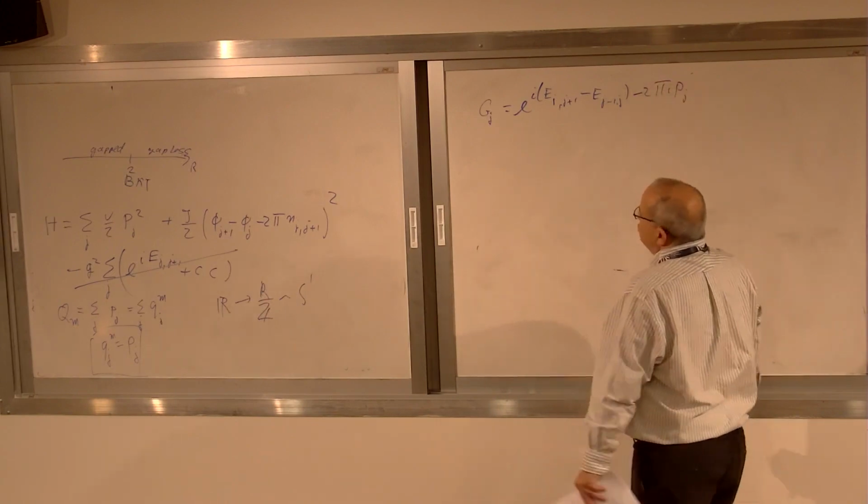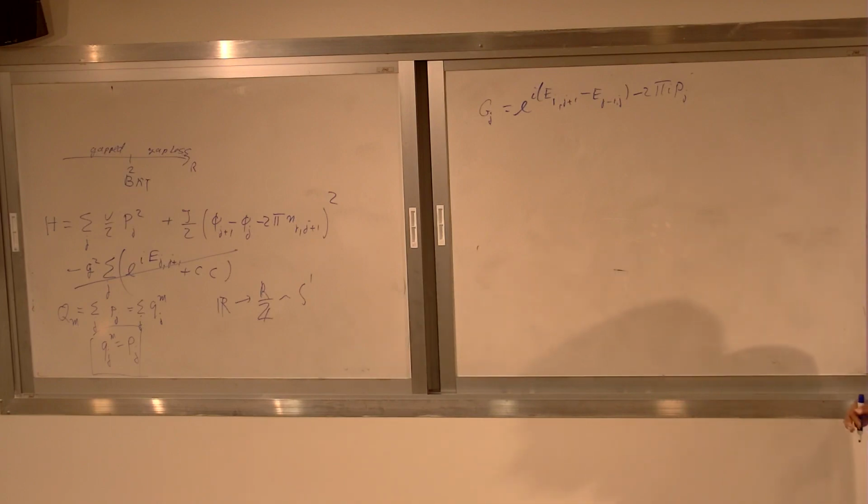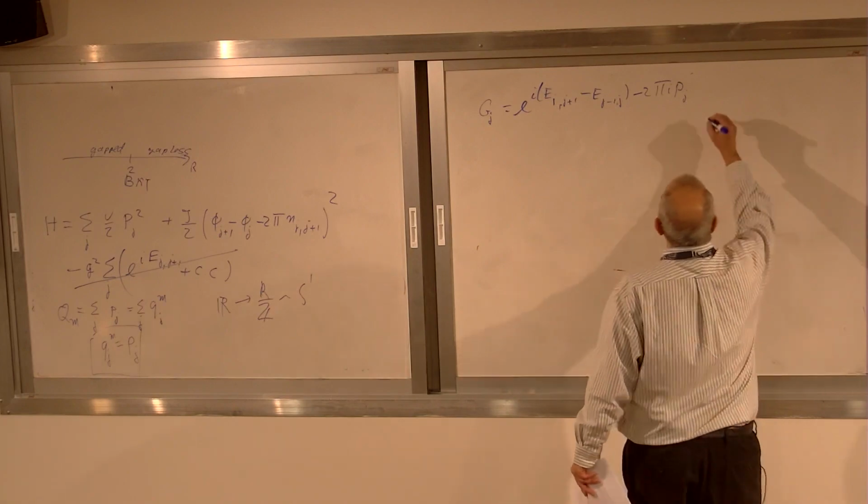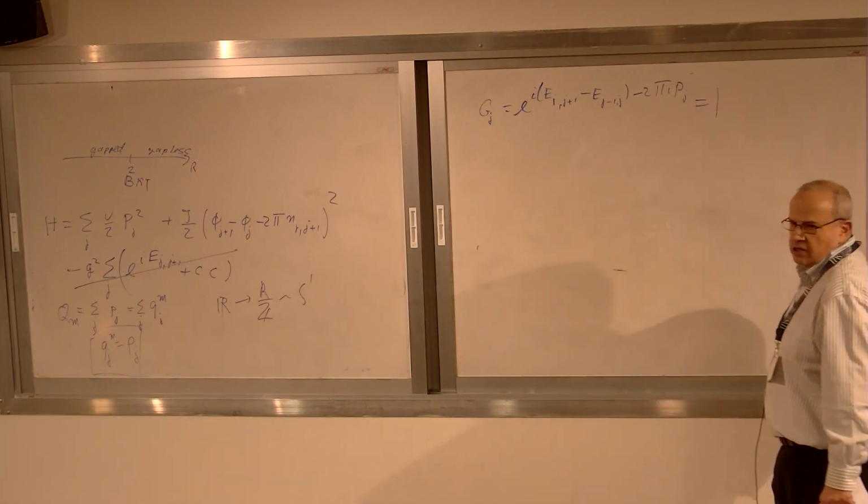And you can check that this object at every j commutes with the Hamiltonian. This is a straightforward computation.